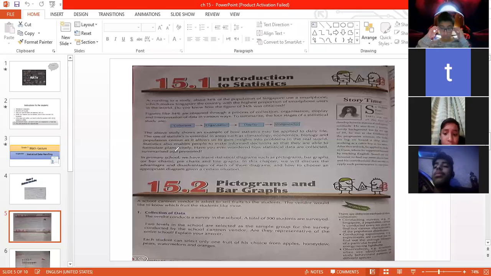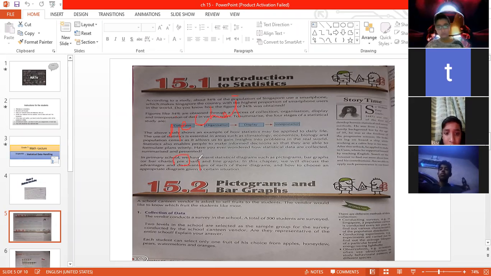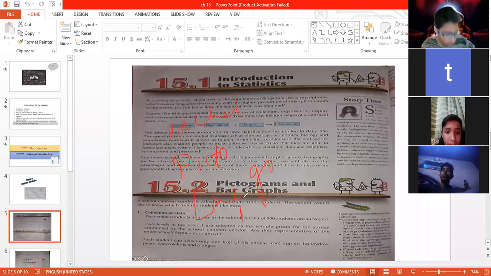In your different classes of grade 5, grade 4, you have already studied pie chart, pictogram, line graph, bar graph.